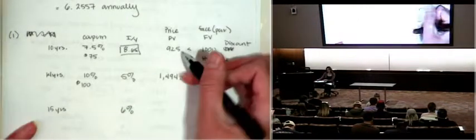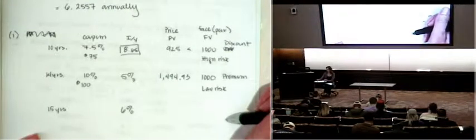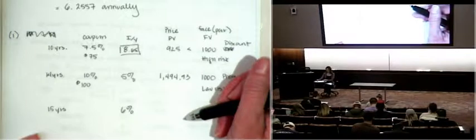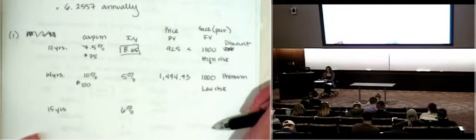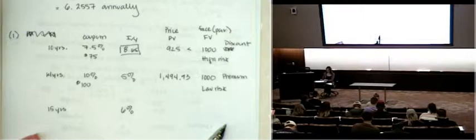You can actually look at the price versus the face value. So where investors have this bond pegged at, you can look at the price versus the face value, and that tells you something about risk, and that tells you something about what you should get for this number here.